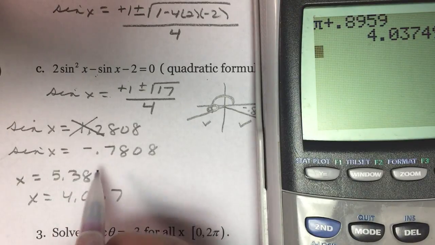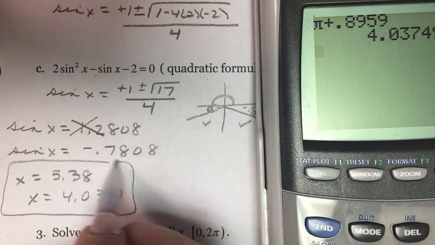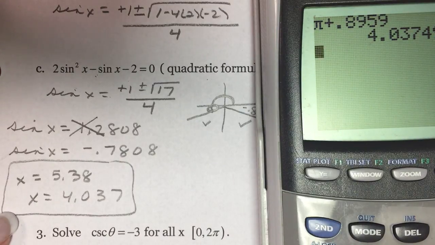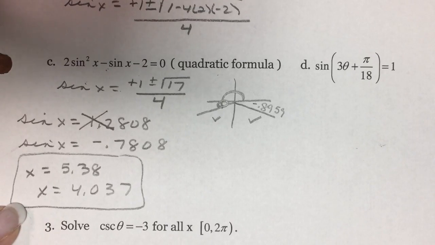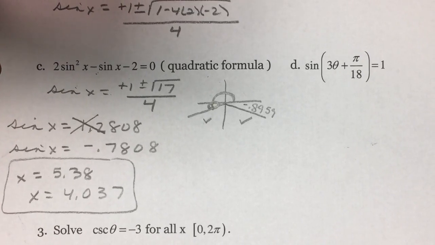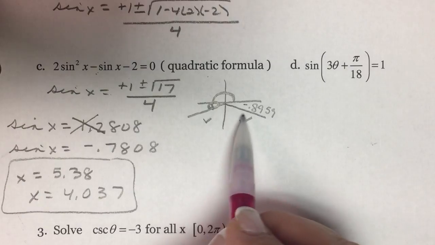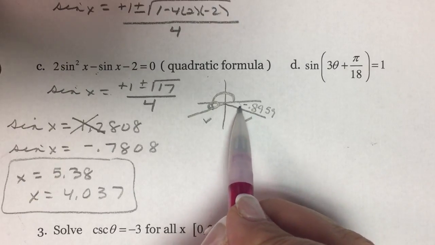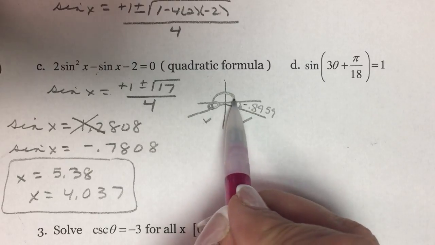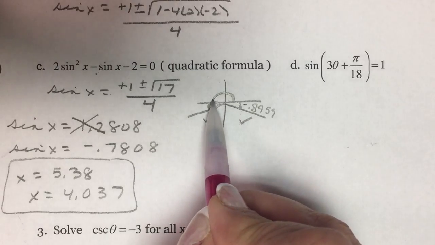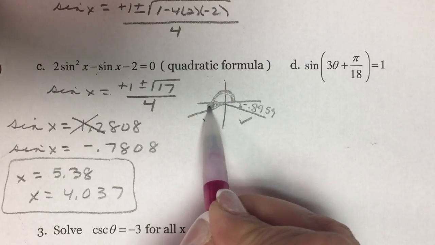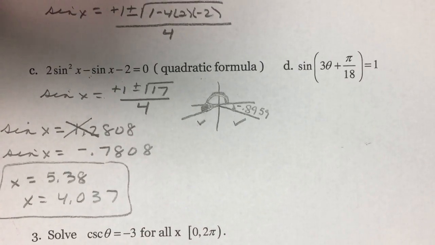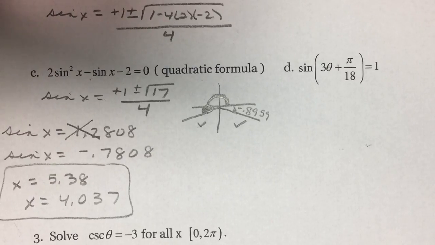And if you do the math and change that into degrees, you will see that that is a third quadrant angle. So there are your two angle measures. That's a little confusing, but you kind of got to look at a picture. I think it helps. This angle is negative 0.8959. My third quadrant angle would be this angle right here, so I would have to take my original pi right here, and I would have to add that 0.8959.